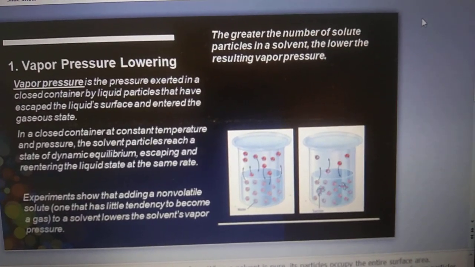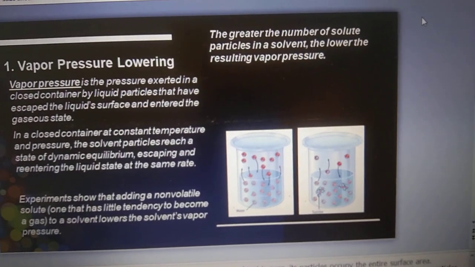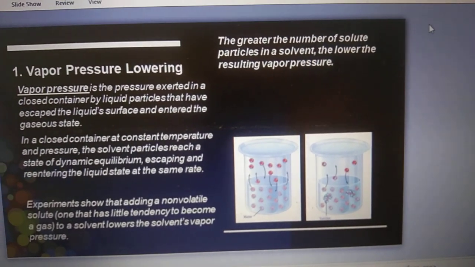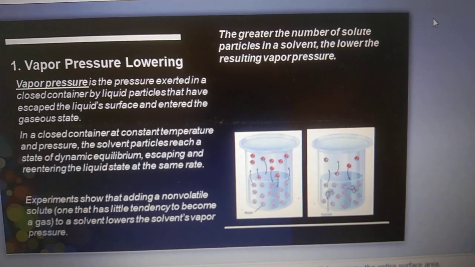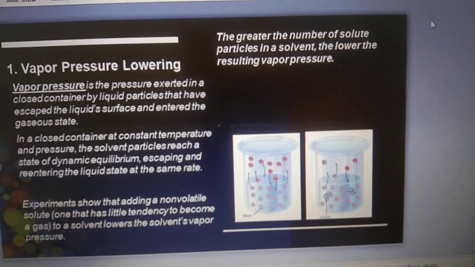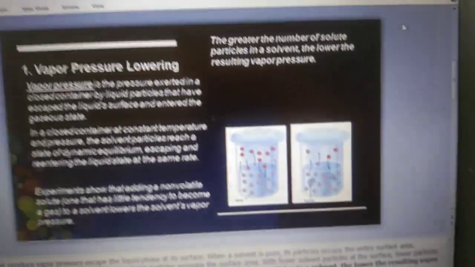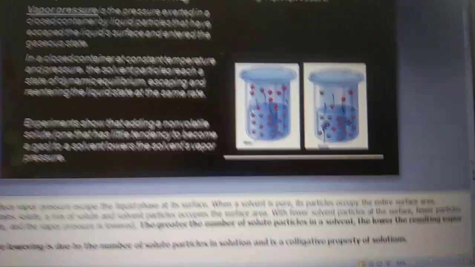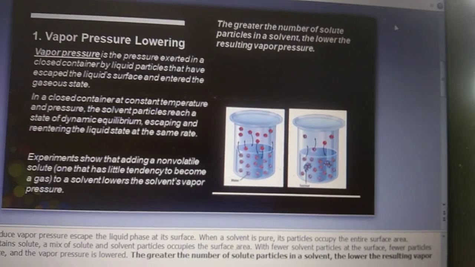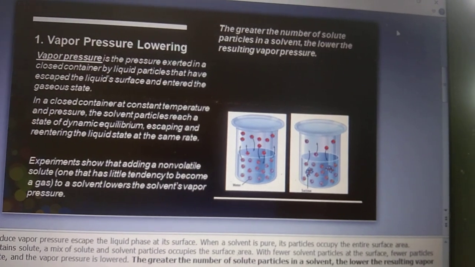The experiment shows that adding a non-volatile solute, which is one that has little tendency to become a gas, so it needs a higher temperature, lowers the solvent's vapor pressure. When we say little tendency, it's very hard for it to be in a gaseous state.